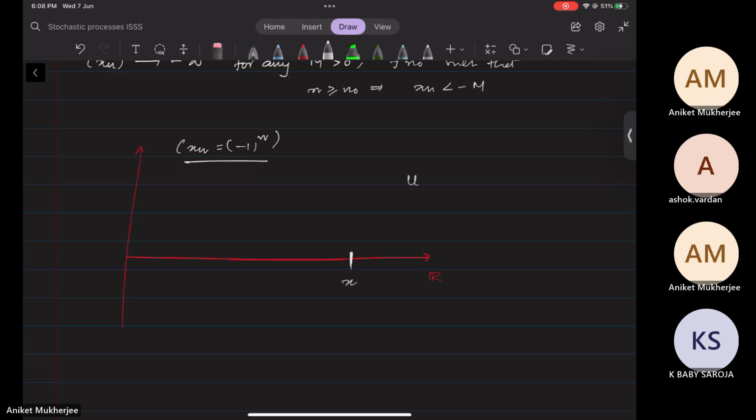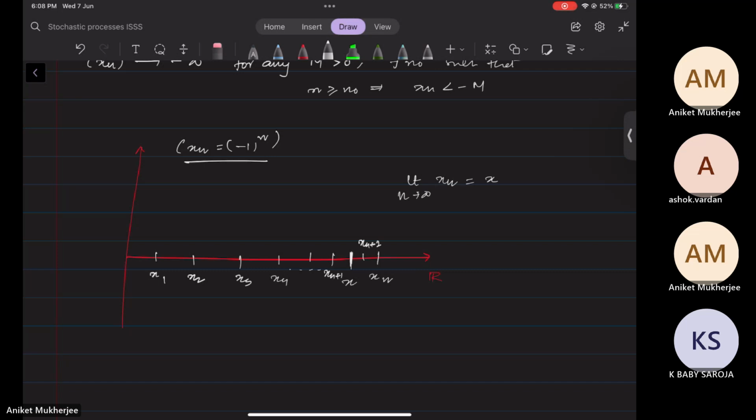So you have limit n tends to infinity, xn equal to x. Now you have x1, x2, x3, which keep reaching x. And then after some point, sometimes it may exceed, it may come back, but it gets closer and closer to x.